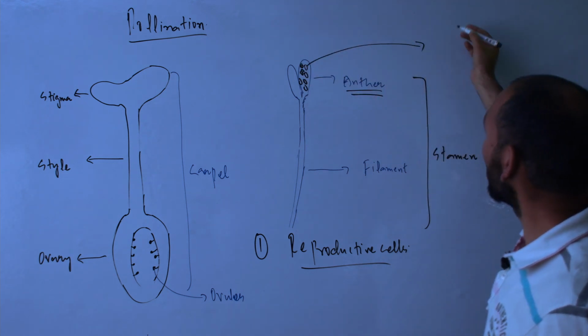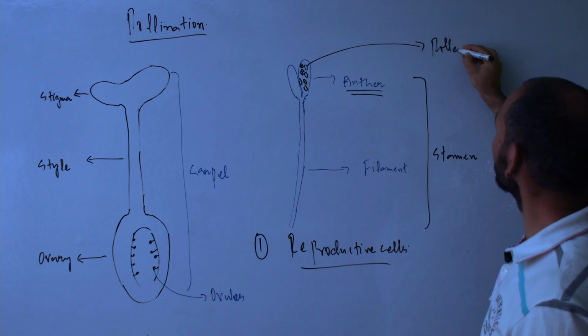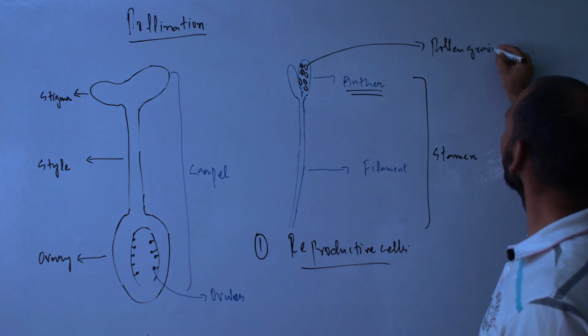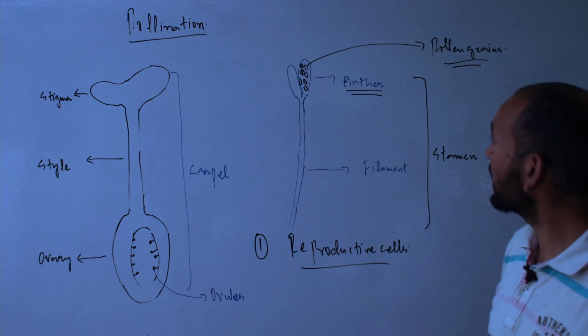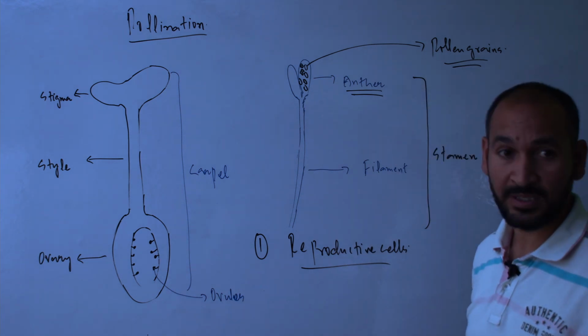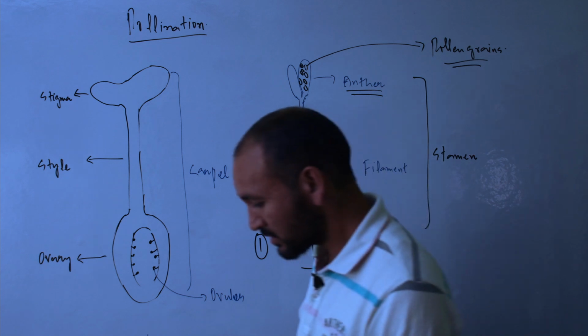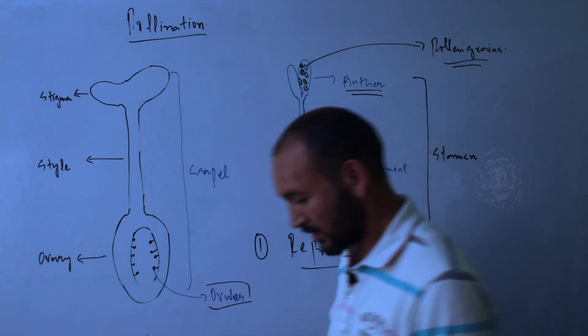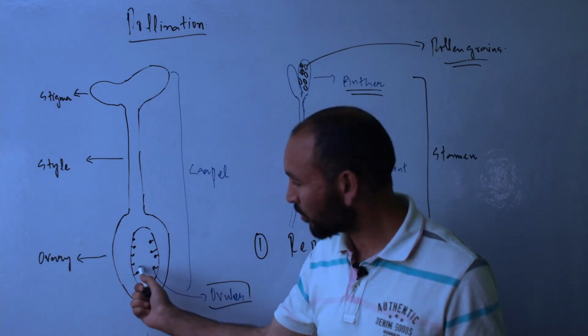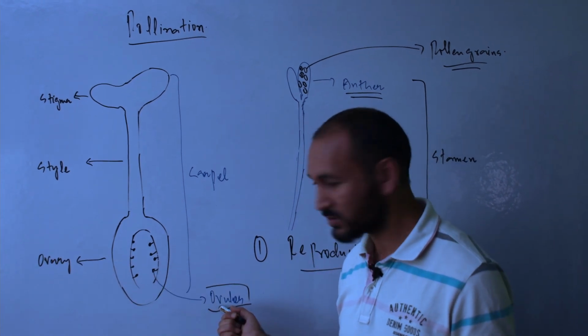Those structures are called pollen grains. These pollen grains contain the male reproductive cells, while the female reproductive cell is formed within the ovary. Within the ovary we have these ovules.